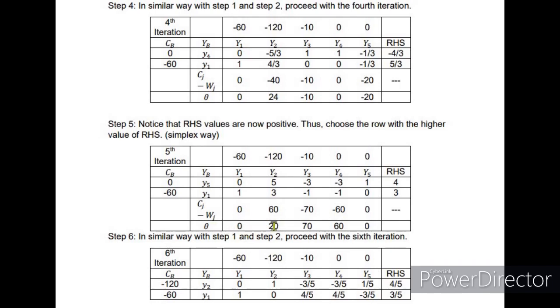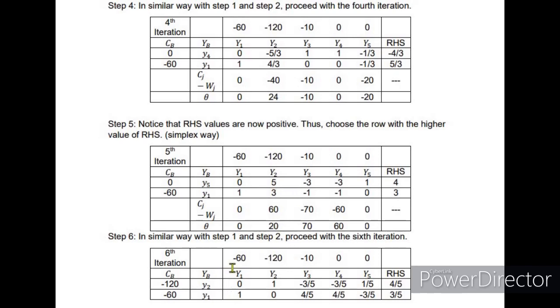What is the lowest positive value? It is 20. We will not choose 0 because we only choose positive, not equal to negative or 0. The lowest is 20, meaning row y sub 5 will be replaced by column y sub 2, and the pivot element is 5.